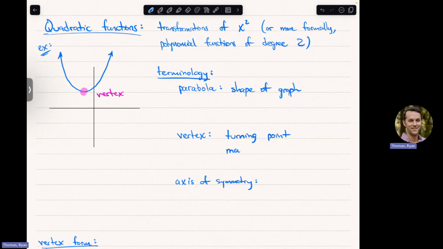But what it also represents is the maximum or minimum value of the function. Because we've got this parabolic shape, for this one in particular, the vertex, specifically the y-coordinate of the vertex here, is the lowest that function ever gets.